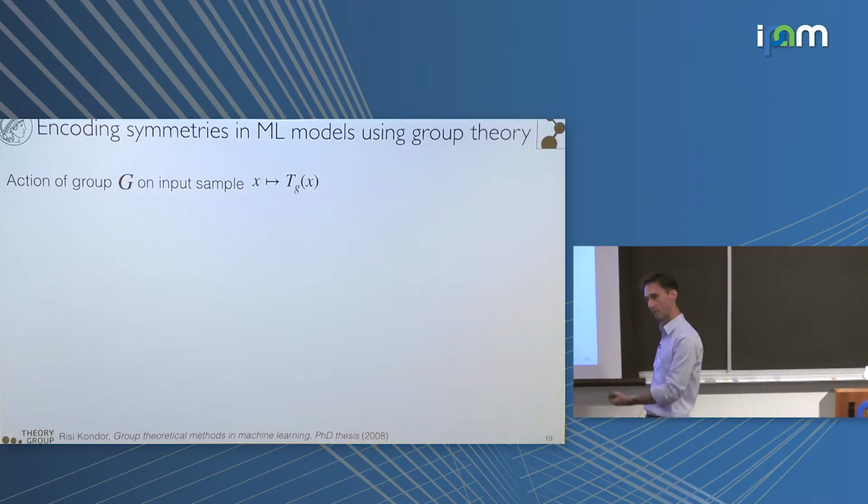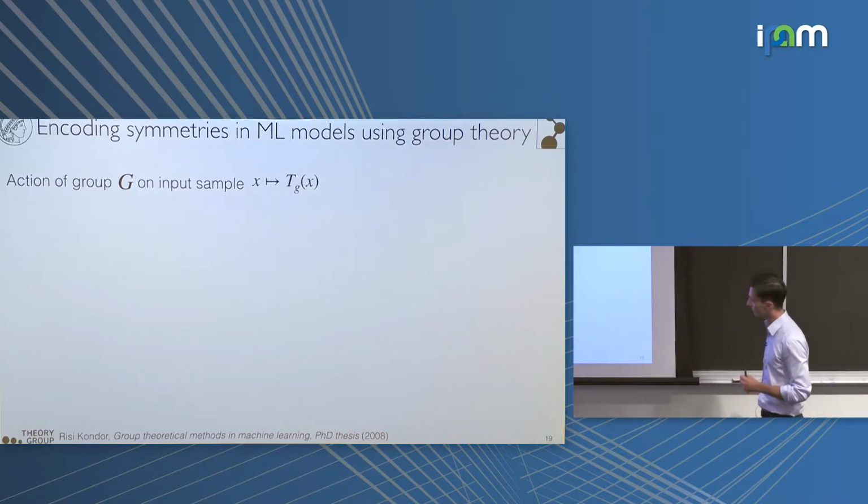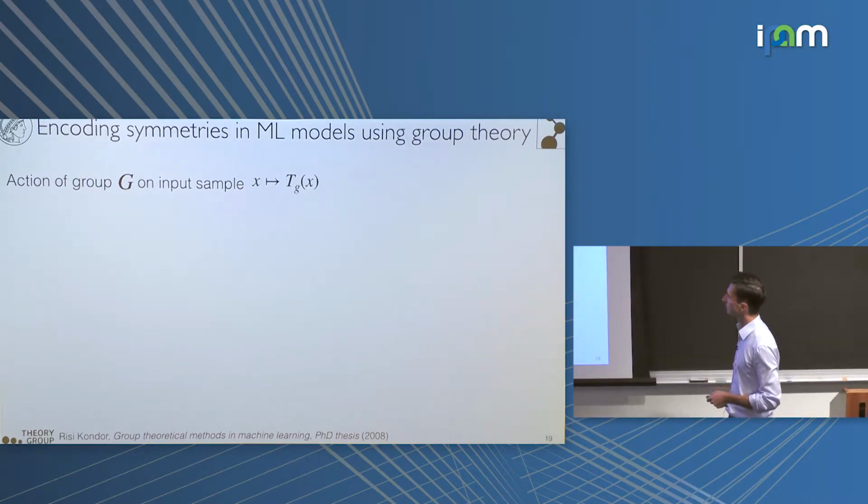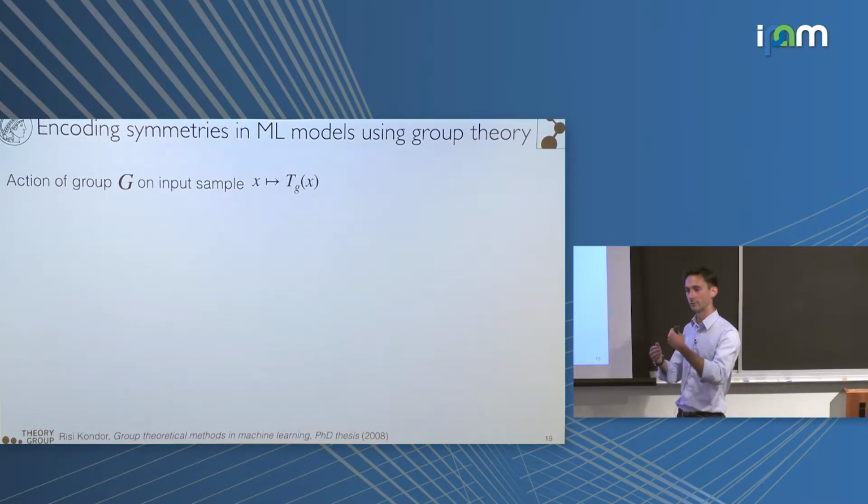So I'll show you the main idea of how you have a group. You're looking at the action of a group on your input sample, as to how x is being transformed into T of x. For instance, you could think of the translation I talked about, going from x to x plus x naught.